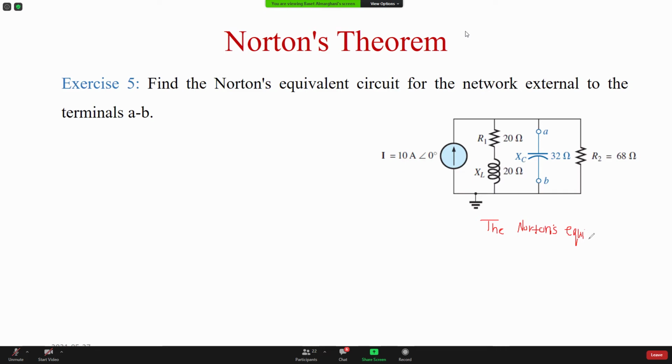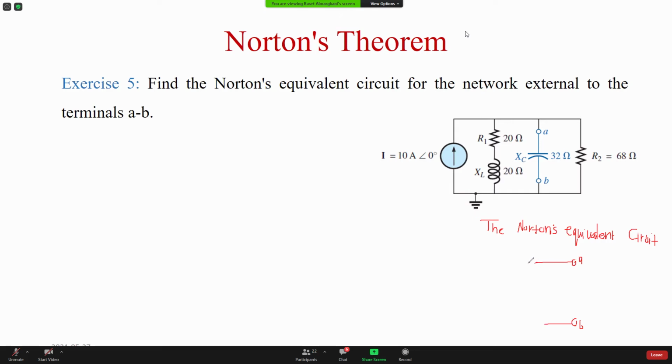So this circuit is equivalent to the original circuit. Equivalent to it means it will give you the same current, the same voltage for whatever load. And XC is the load here. So it's going to be A and B, the points. Those are the terminals in the original circuit. So I have the same terminals in the equivalent circuit.